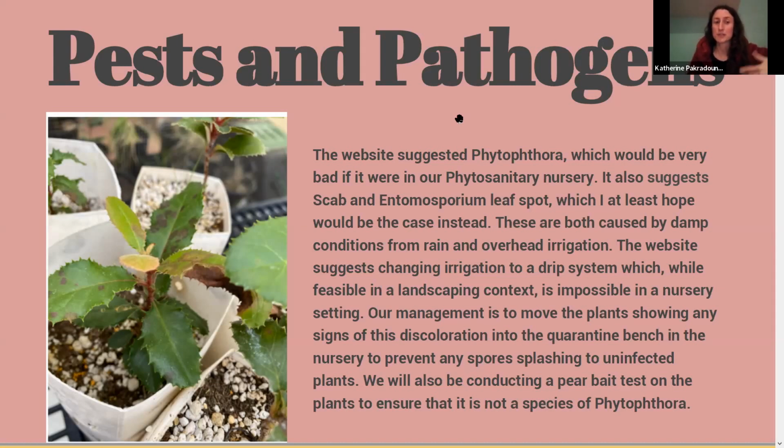So if you think about what a nursery setting has to be, the plants are irrigated much more frequently than in the landscape. When they're little babies, they have to be irrigated a lot more often. And so the supposed remedy for that might be to convert to a system of irrigation that is not overhead, but that's not really realistic in this nursery.